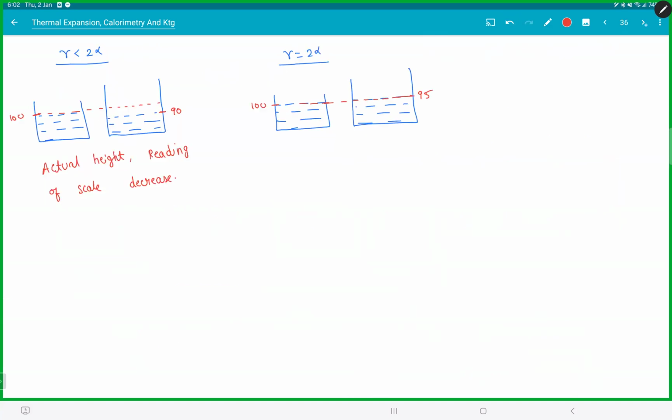But because the scale expanded, it will show less than 100. I hope you're getting the meaning now. So actual height remains the same. Reading decreases.